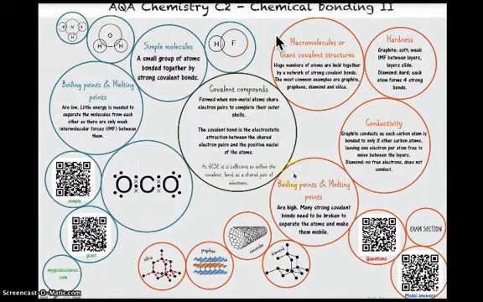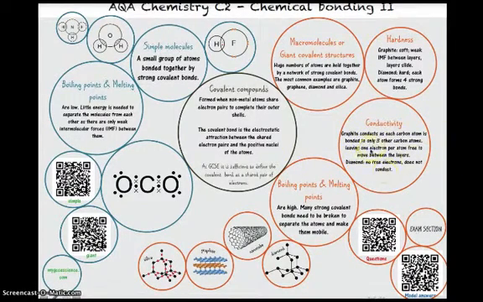And then finally, make sure you're happy with all the types of bonding here. We've got covalent compounds here. Now they can either be simple molecules, so they'll have low boiling and melting points, or we could have these giant covalent structures which are harder. Graphite is a covalent compound that conducts electricity.